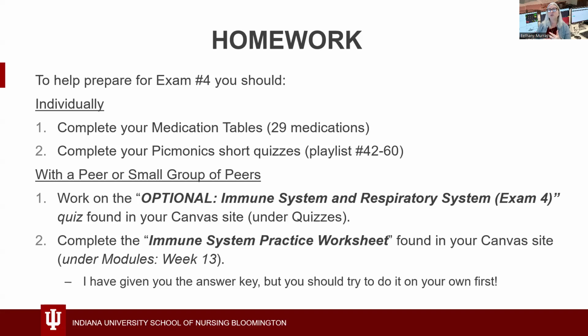And then we go into the respiratory system, upper respiratory and the lower, so asthma, COPD, and those medications. Okay, so that exam will come up around April 14th, 15th, whatever week that is.